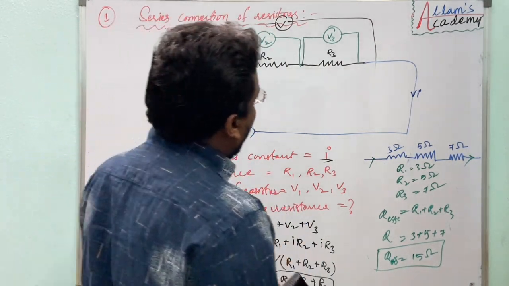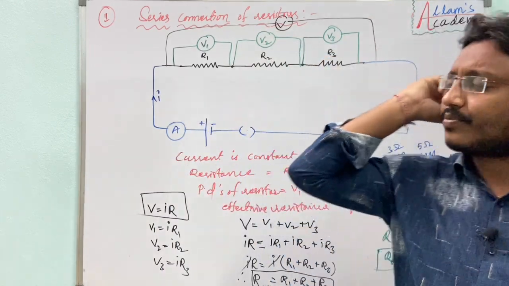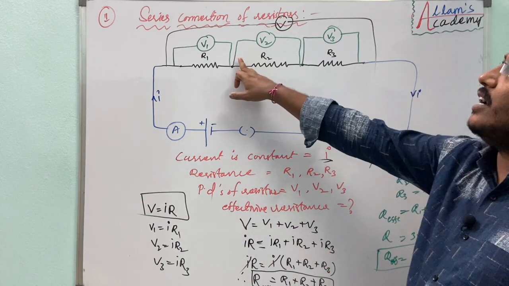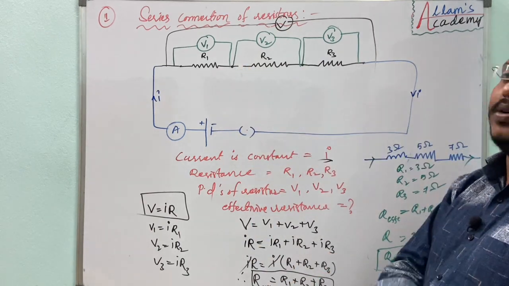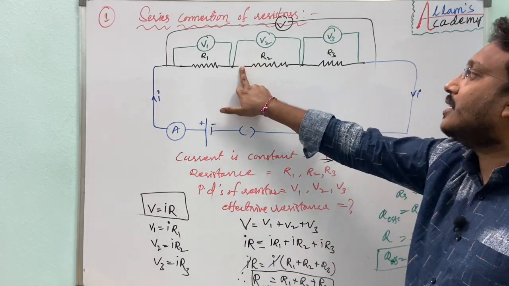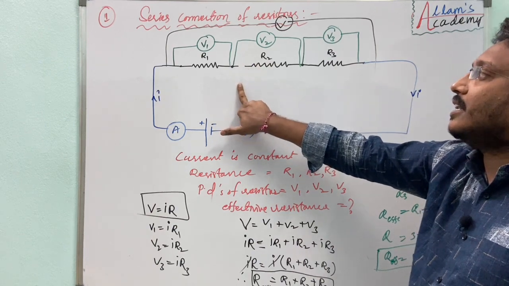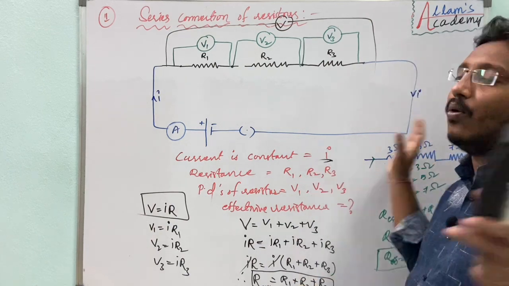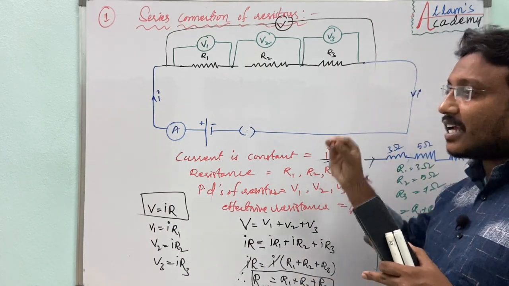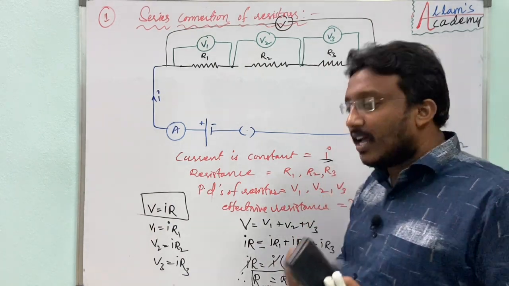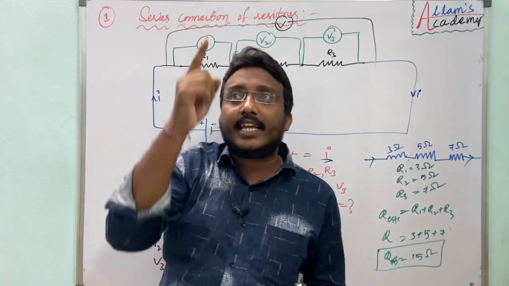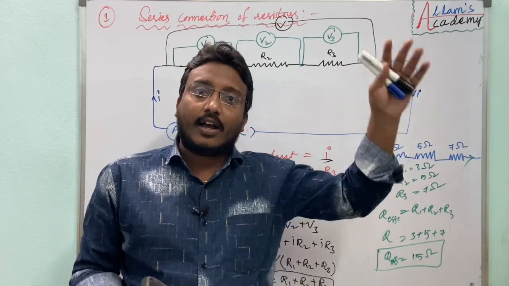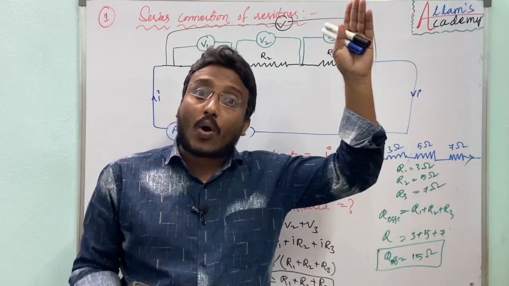With this connection, we have one drawback. If any part of the circuit breaks down, if your circuit is disconnected, will the remaining resistors work? No. This kind of circuit, series connection, we use in series bulbs, decoration bulbs, which we use to decorate houses.